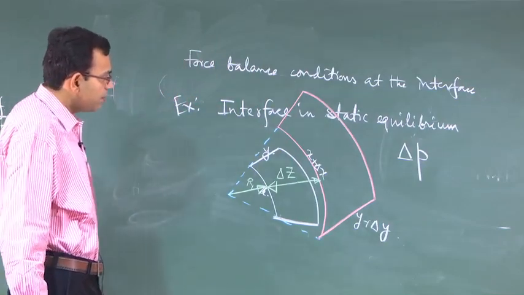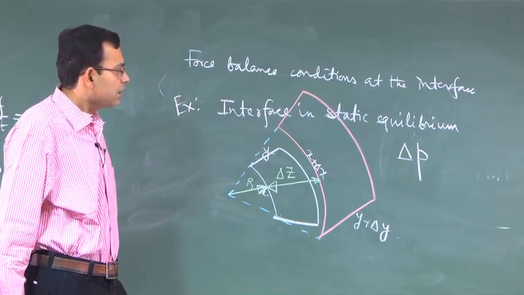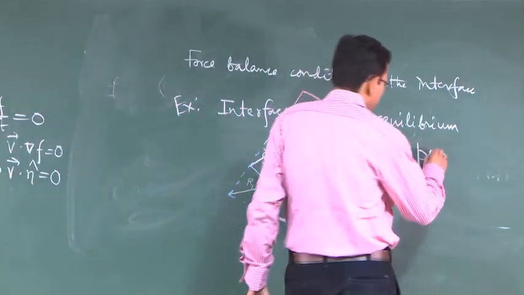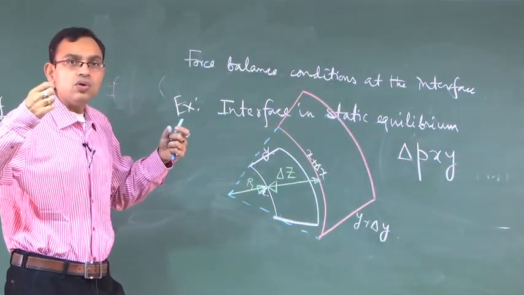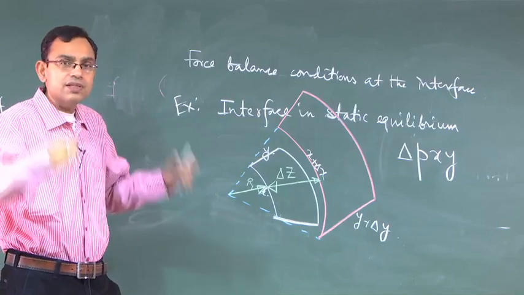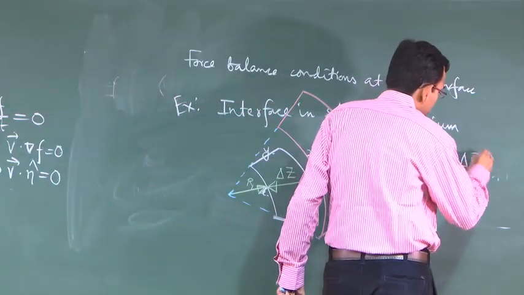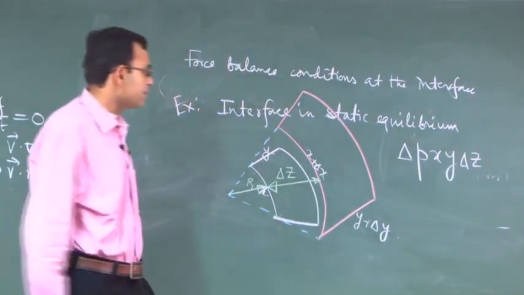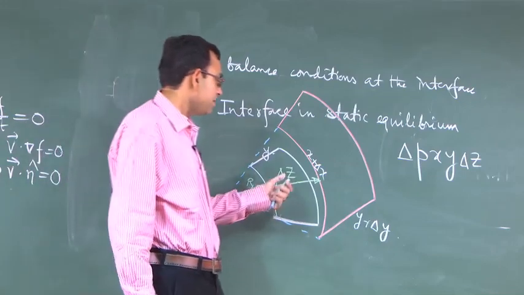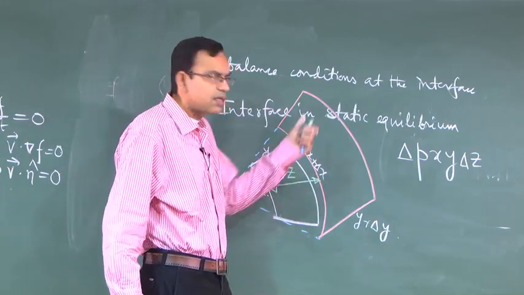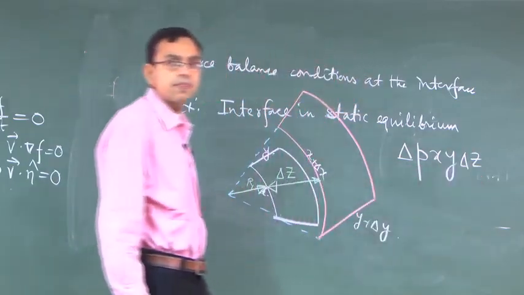You multiply this delta P with the area to get the resultant force across the interface, and this force times the virtual displacement delta z. Of course, virtual displacement we give a different symbol, but I am just doing it conceptually without getting into the rigor of writing it properly.